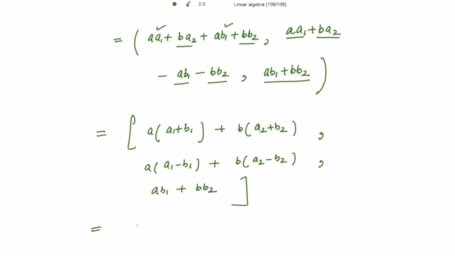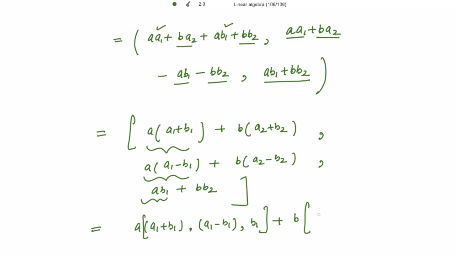And now we further write this as, we are collecting these together, a(a1 + b1, a1 - b1, b1) plus b(a2 + b2, a2 - b2, b2).